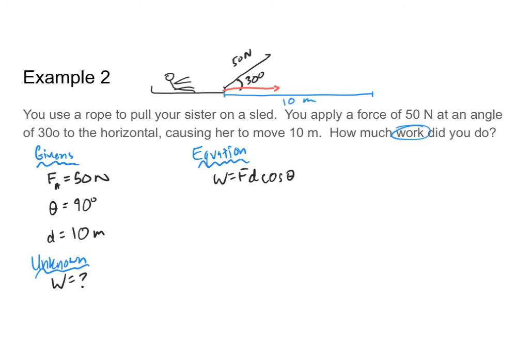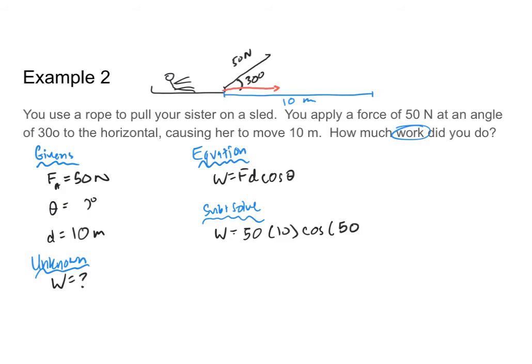So moving forward, I can go ahead and move into the sub and solve stage and plug in my numbers. I know work is equal to force times displacement times the cosine of theta, or 50 times 10 times the cosine of 30.